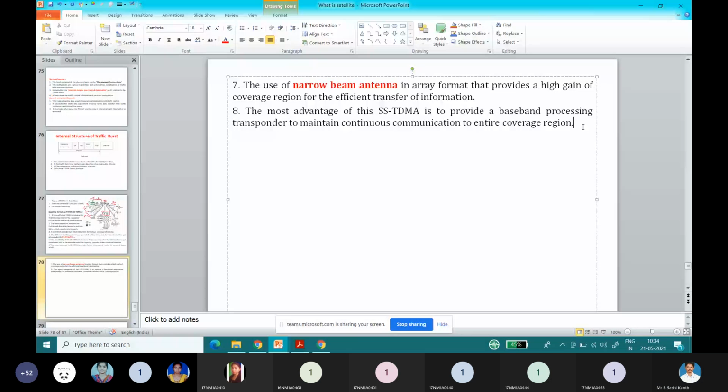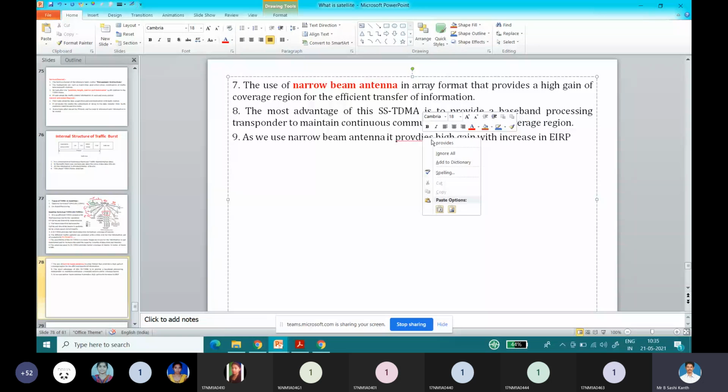And also as we use a narrow beam antenna, it provides high gain with increase in EIRP.